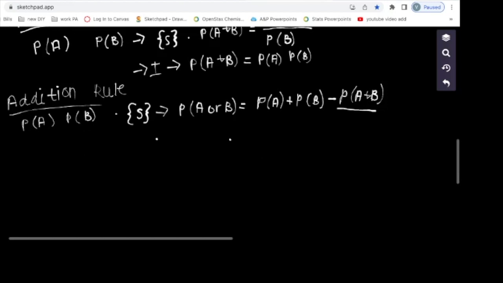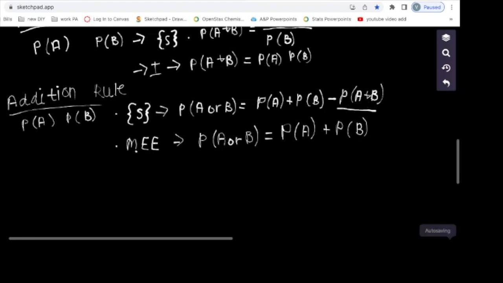If the two events are mutually exclusive, which we defined as mutually exclusive events, then the probability of A or B would be equal to the probability of A plus the probability of B. Because when we look at mutually exclusive events, they don't have any overlap in a Venn diagram.